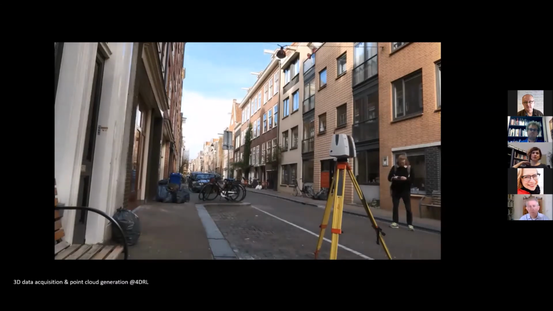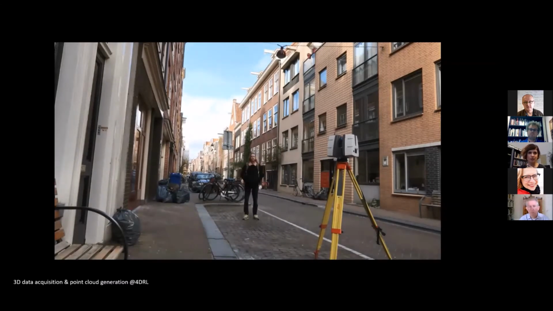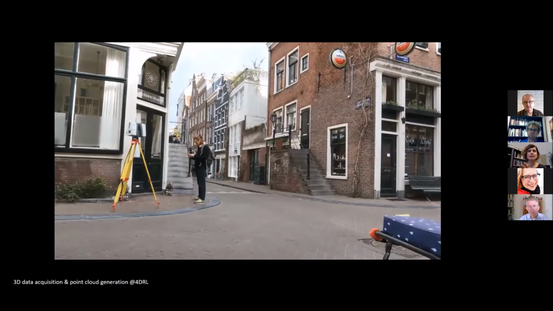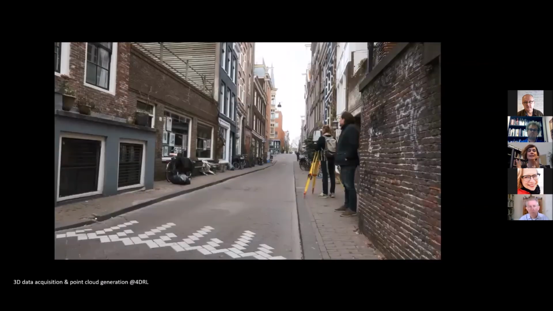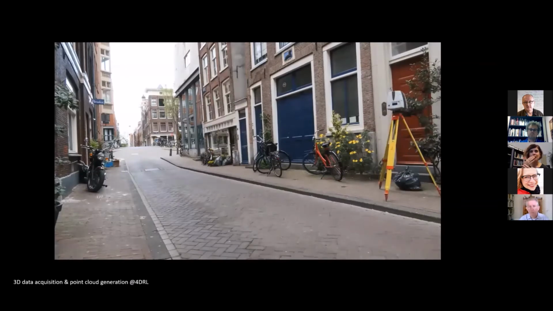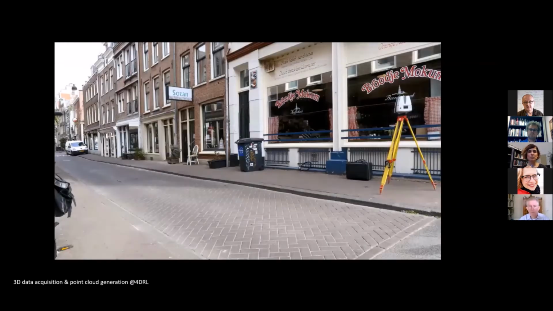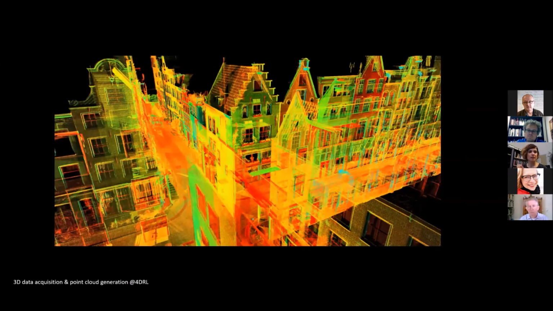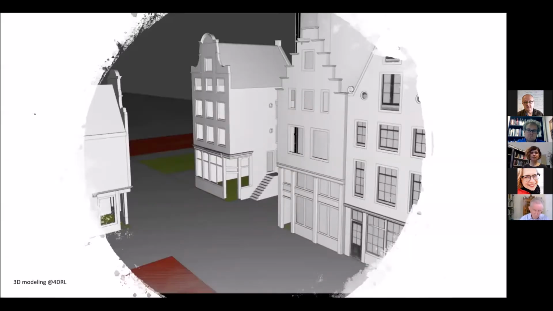Despite all architectural and urban renewals, especially after the 1870s, the cityscape still houses some physical traces of the period. So to start the 3D reconstructions, our collaborators from the 4D Research Lab conducted 3D data acquisition at the Bloemstraat by laser scanning as the primary step. At the end, we had the 3D point cloud showing the front of the street.